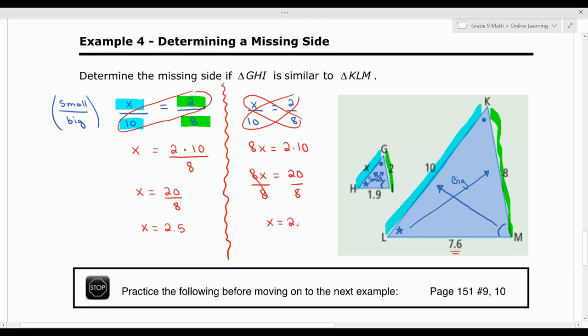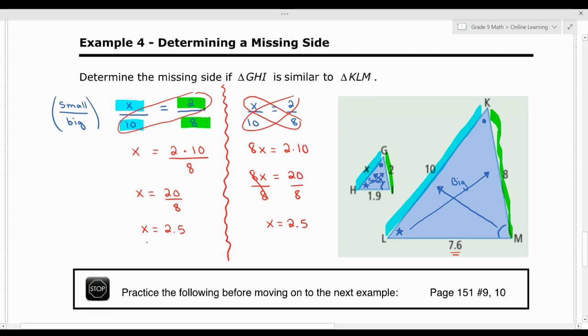You still get the same answer. I just skipped the part where I multiply by 8 and then divide by 8. If you like that little shortcut where you only have to do what I call half the cross multiplication, go ahead. If it makes more sense to always show both sides, perfectly fine. So our answer to number 4 would be 2.5.